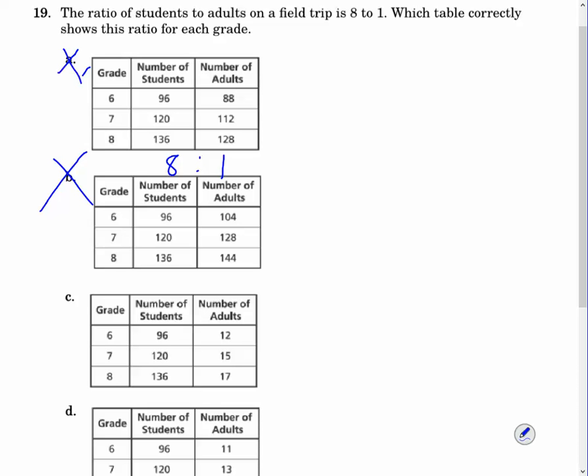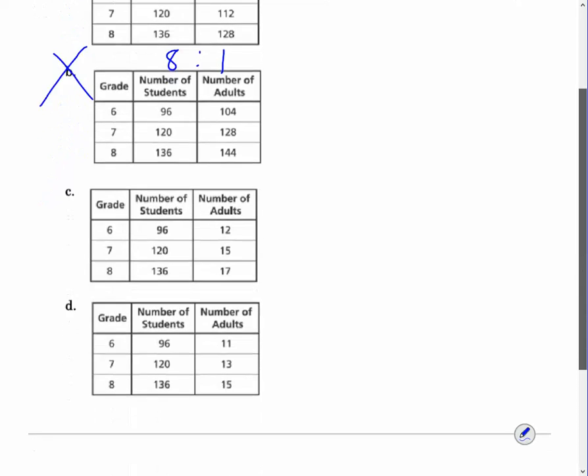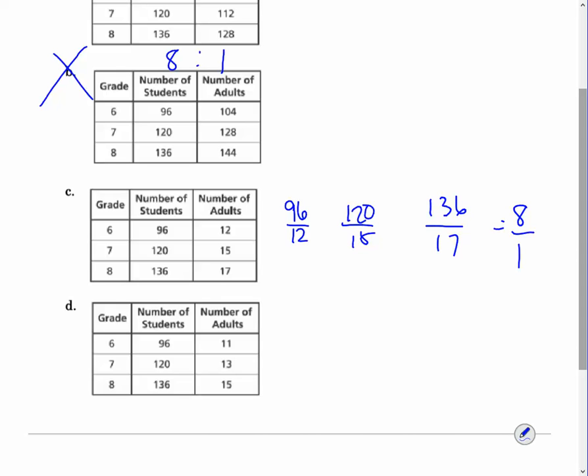This is too close of a ratio for that to work. All right, that does not simplify down to 8 to 1. If you take all of the values, 96 to 12, and you simplify any of these, 120 to 15, or 136 to 17, if you simplify any of those, you're going to get 8 to 1.